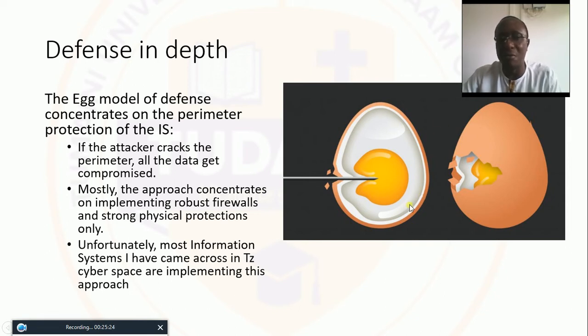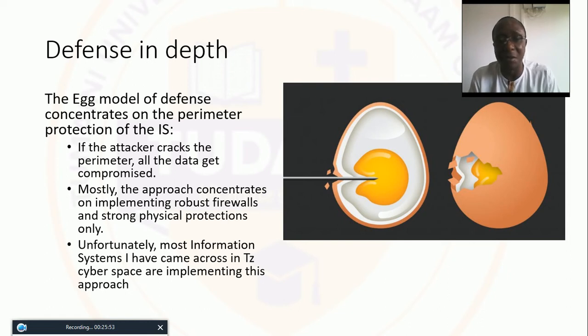It is still existing because it's a bit cheaper to implement and a bit easier because we only concentrate on the perimeter. It's unlike the onion ring style because there each part has to be protected. Therefore, security cost increases. Probably that's why you find some of the organizations are still having this kind of security philosophy or security concept.